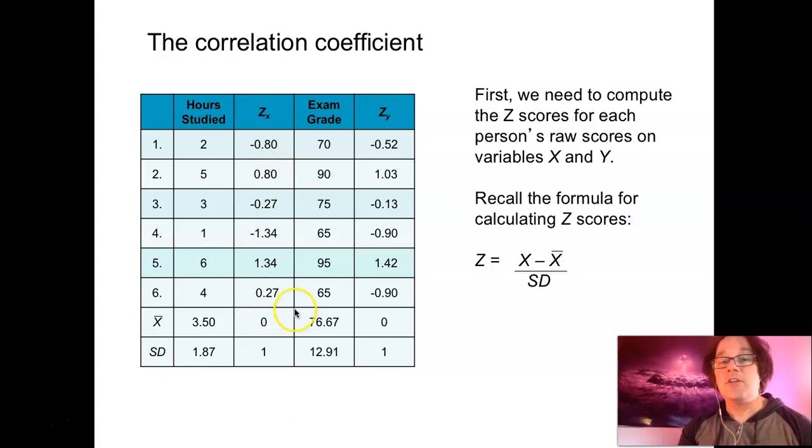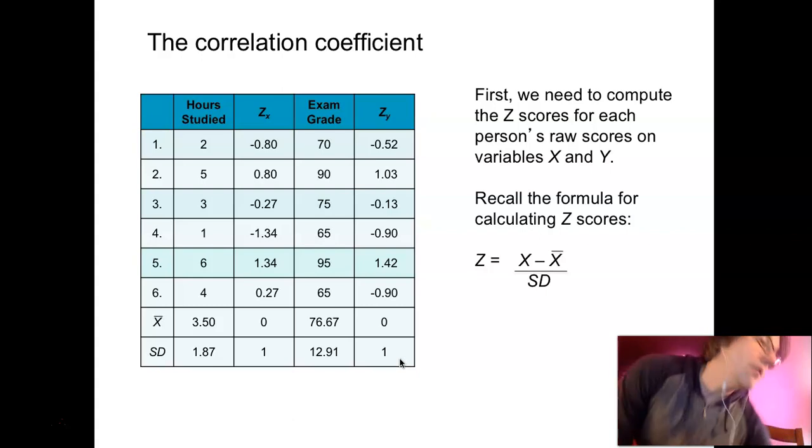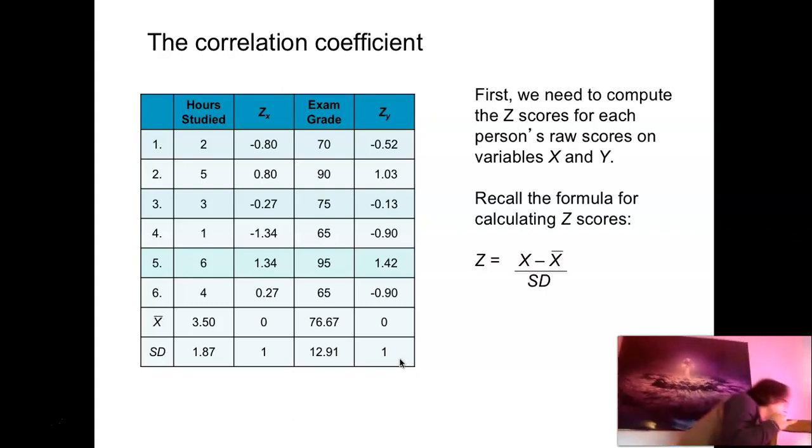Then go find the standard deviation of these z-scores, and you're going to find out that the standard deviation is going to be 1. And it doesn't matter what set of z-scores you're using. All standardized scores will always have a mean of 0 and a standard deviation of 1. So if you remember, let me grab my little whiteboard here.